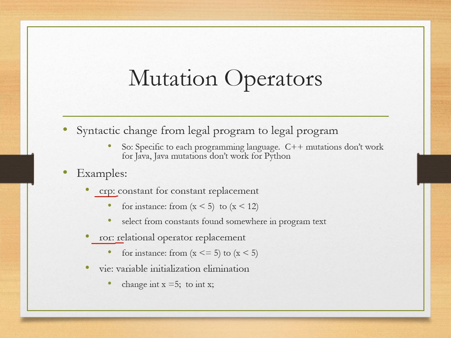ROR, relational operator replacement, for instance from x less than or equal to 5 to x less than 5. VIE, variable initialization elimination. Change int x equals 5 to int x.